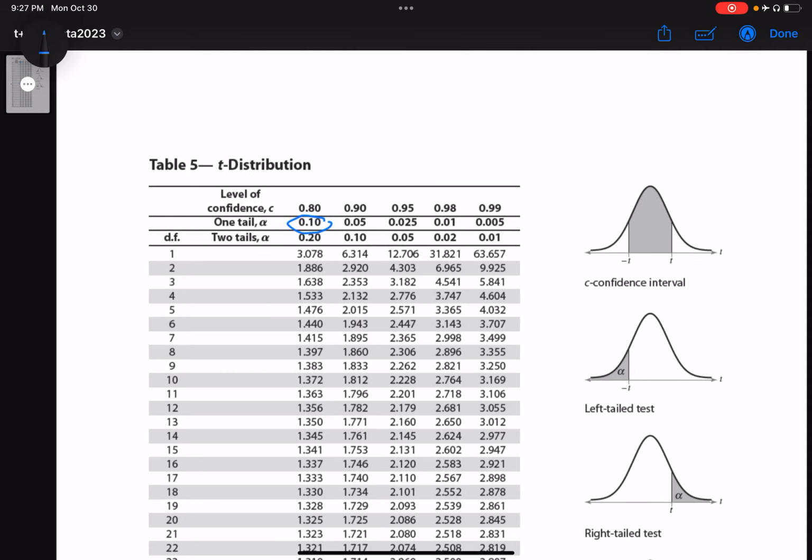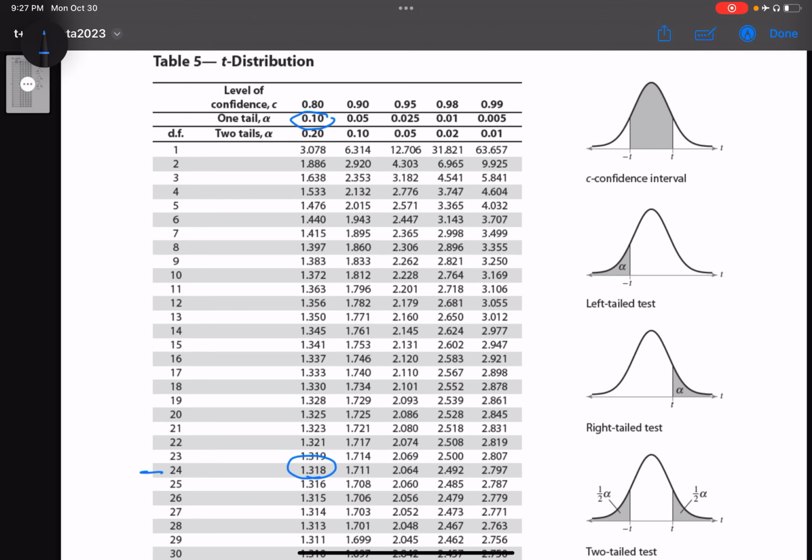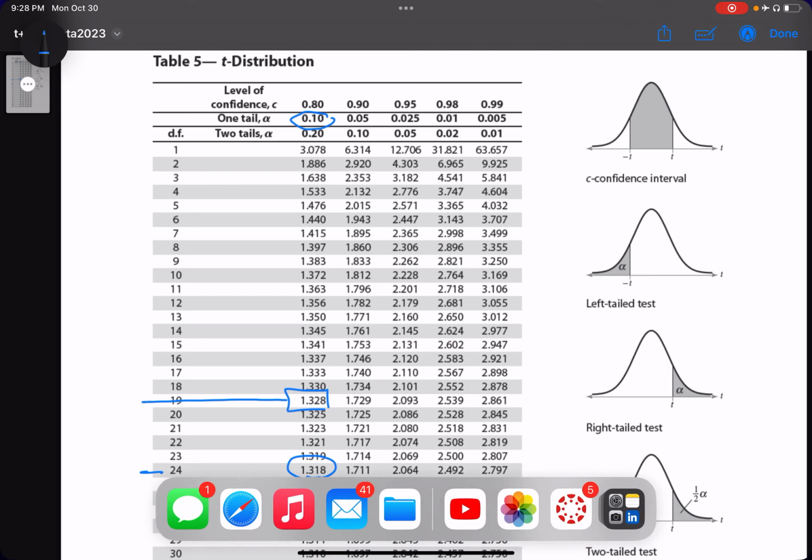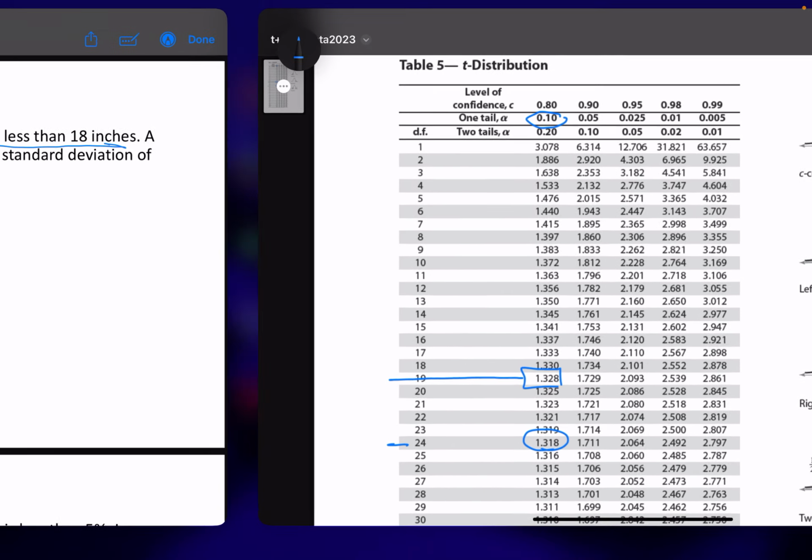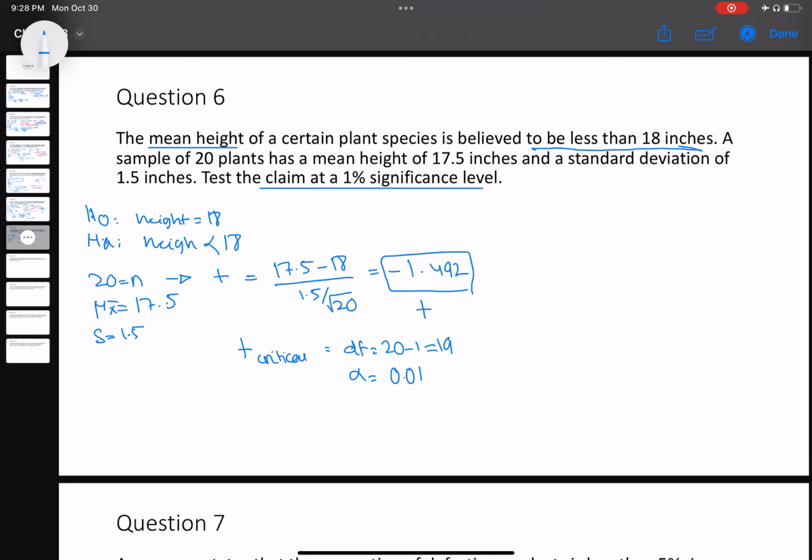Again, it's a one-tail t-test. The critical t should be a minus value.